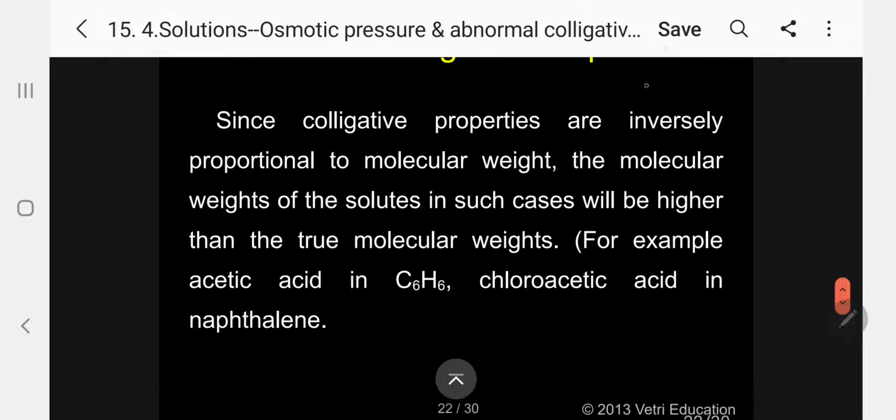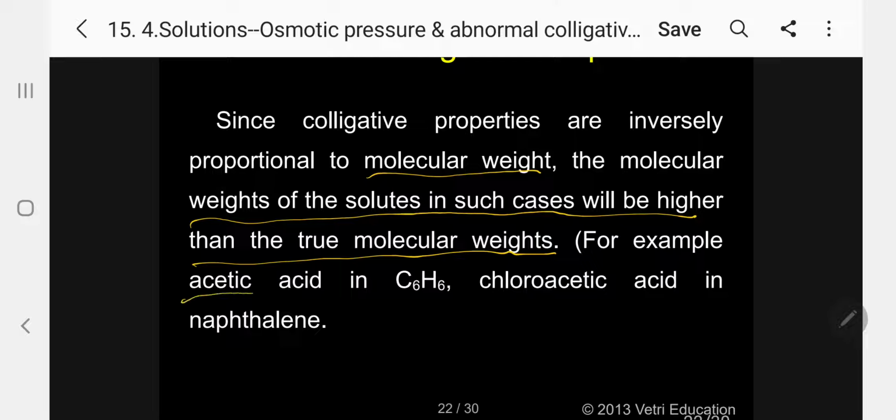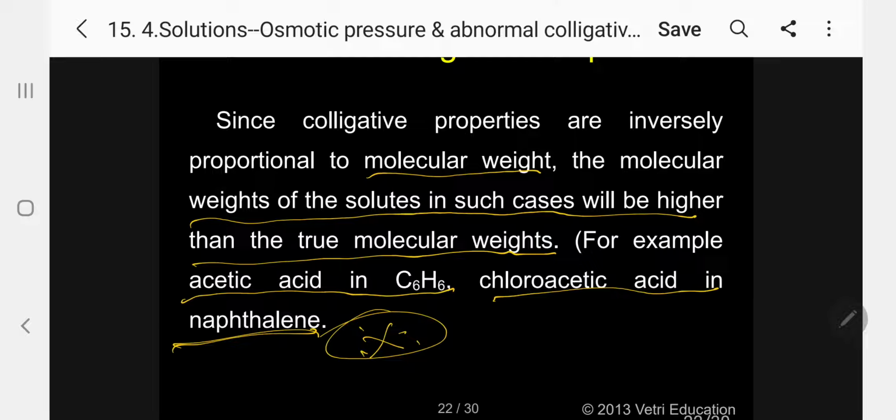So, since colligative properties are inversely proportional to molecular weight, the molecular weights of solute in such cases will be higher than the true molecular weight. For example, acetic acid in benzene, chloroacetic acid in naphthalene. These are two examples where association occurs. Kindly follow. So in this case, the colligative property will be less and the molecular weight will be higher.